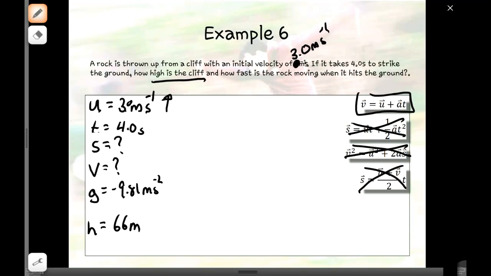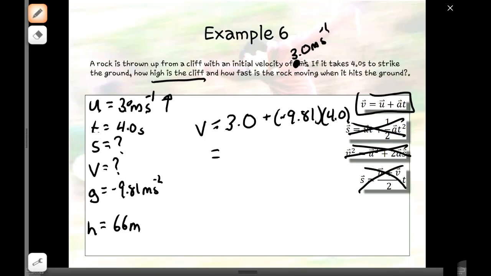So we want to know our final velocity, v. Our initial velocity, u, is 3.0, and that goes up, plus my acceleration, which is negative 9.81 because it goes down, times my time, which is 4.0. Let's do the math. I type this into my calculator: 3.0 minus 9.81 times 4.0.